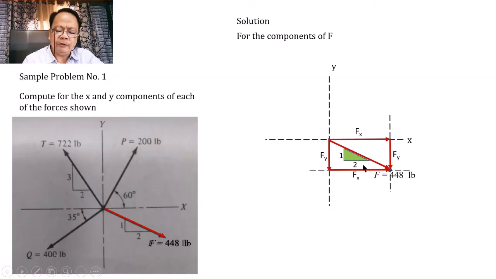So we have here 1 vertical to 2 horizontal. And so if we're going to determine the angle, this angle will also be equal to that angle.